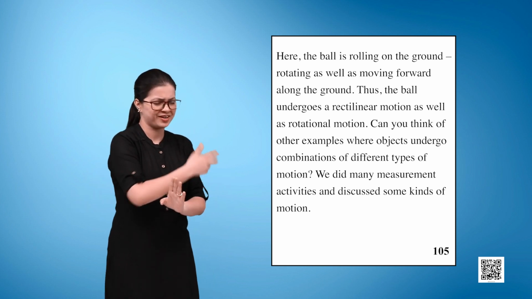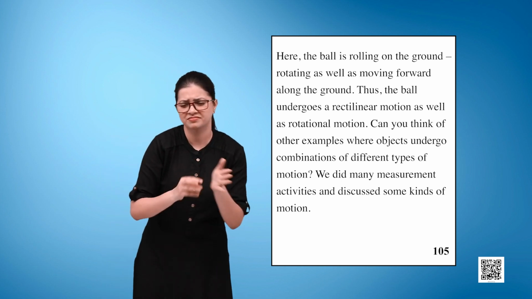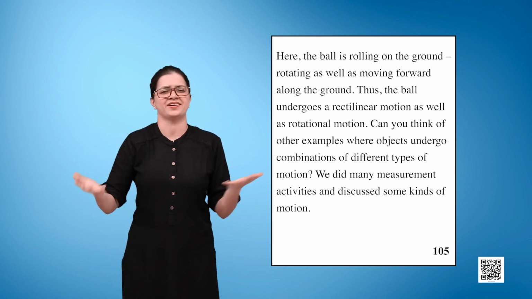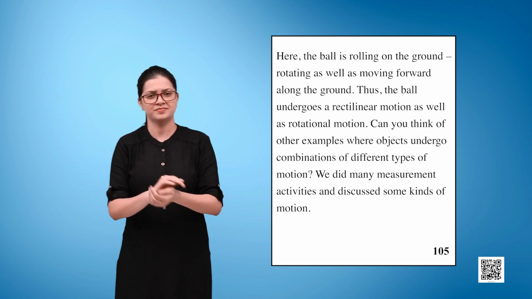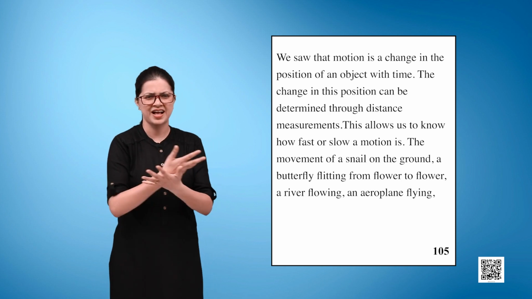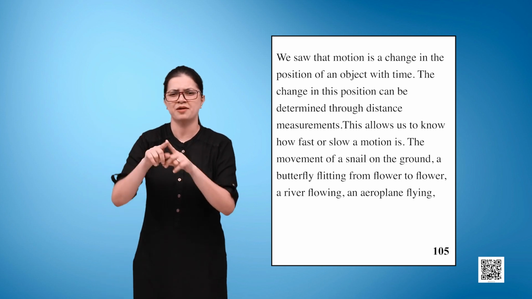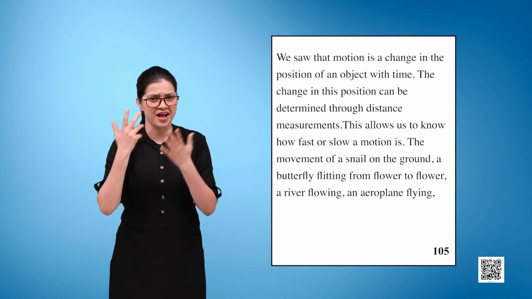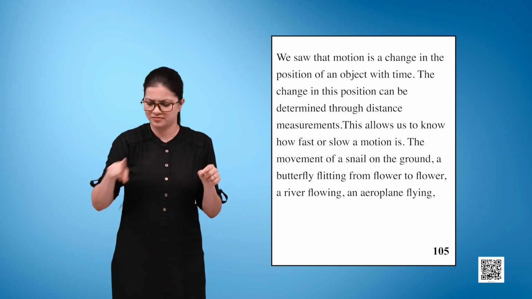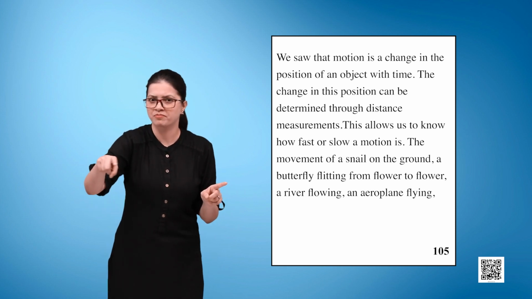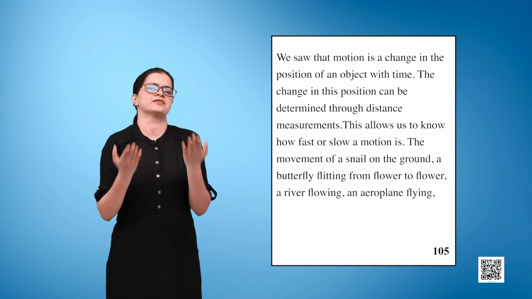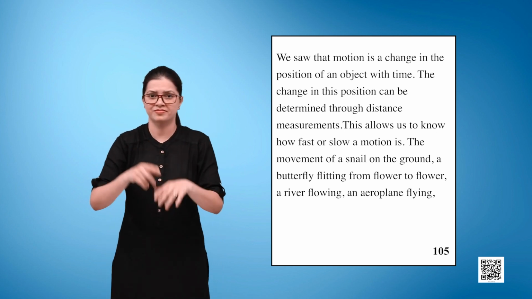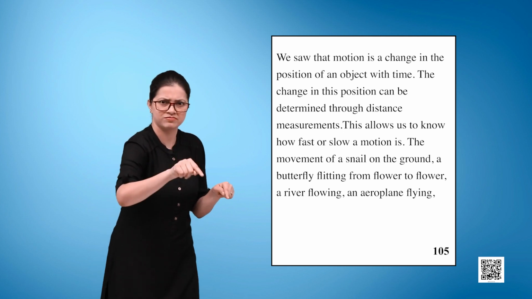We did many measurement activities and discussed some kinds of motion. We saw that motion is a change in the position of an object with time. The change in this position can be determined through distance measurements.